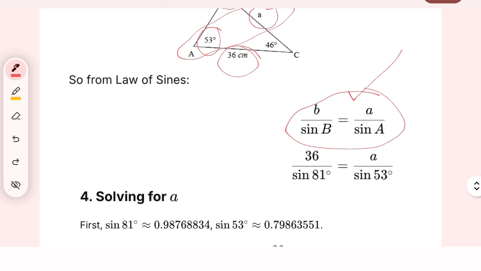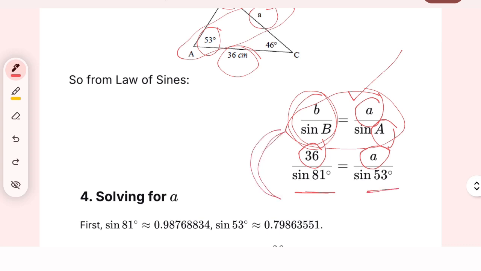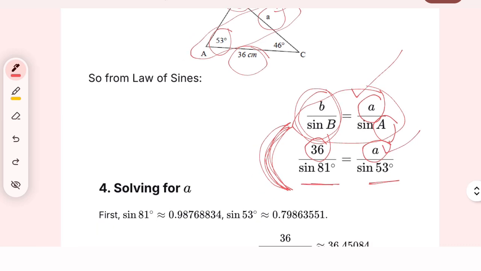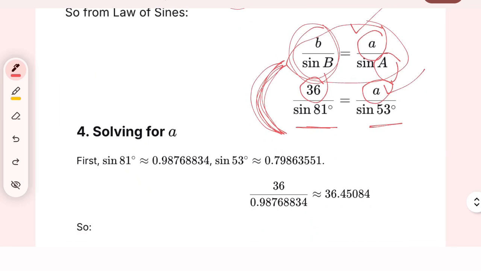I picked it because here everything is solved already. Small b is given. The big B, we have already computed it. Small a is unknown. That is what we want to solve. The big A is given. Therefore, in this equation, the only unknown left is small a, and we can solve for a.